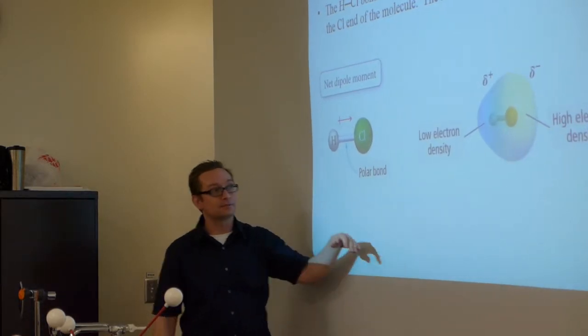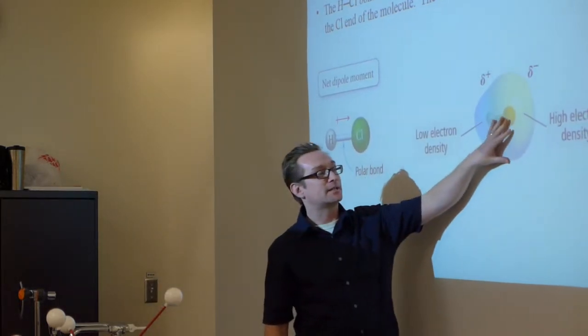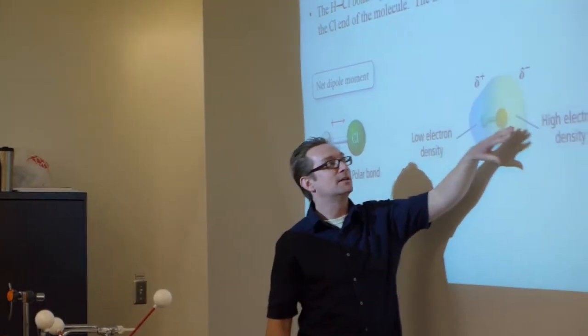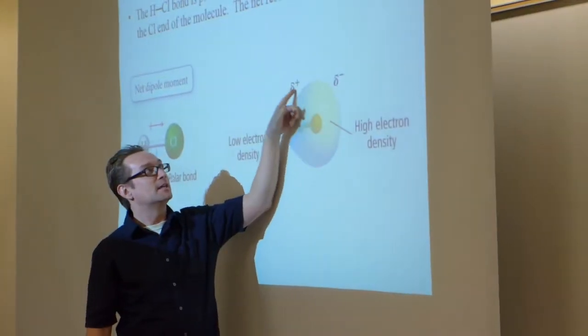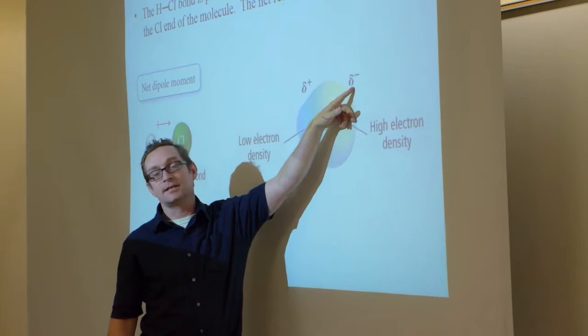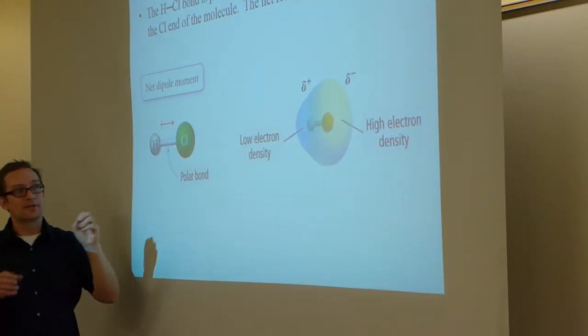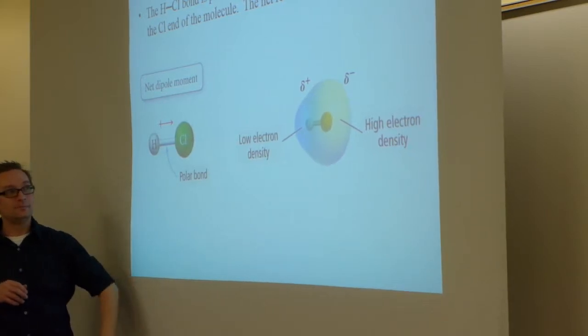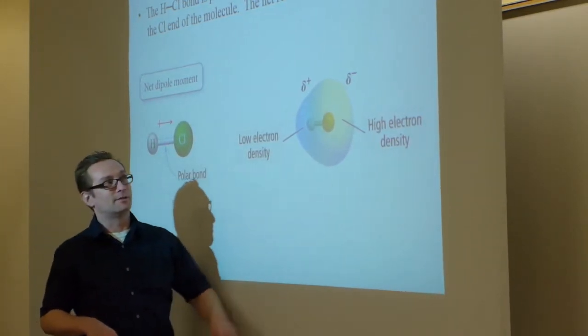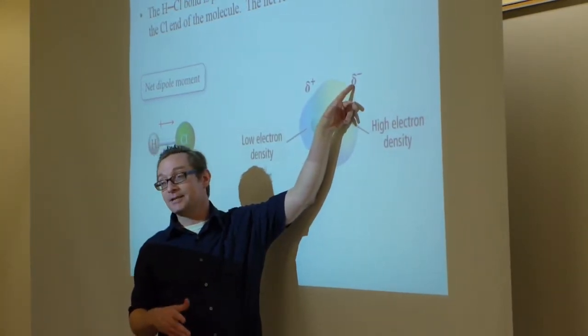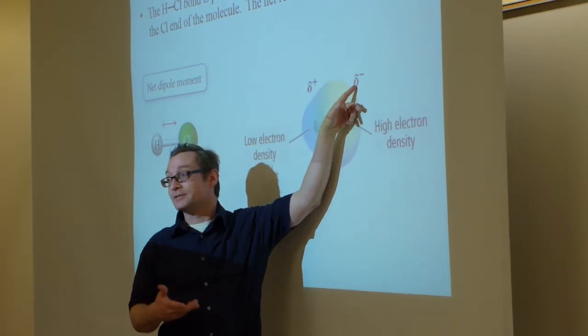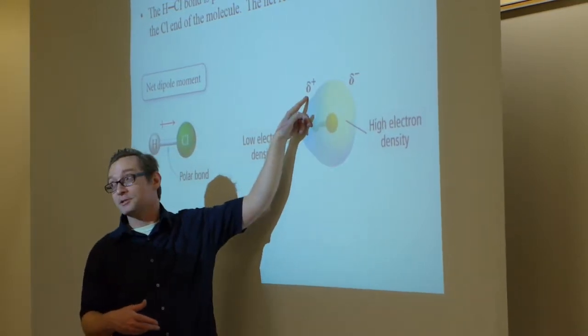As a result, if you looked at it as an electron density contour, you would get this situation. And they use these delta plus and delta negative symbols to indicate partial charges at the different ends of the molecule. A little squiggly negative, I call it squiggly, but it's really delta negative, and squiggly positive.